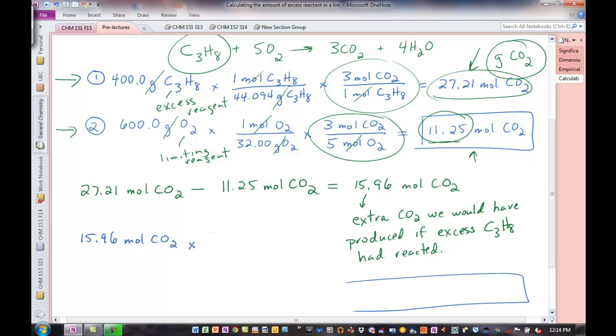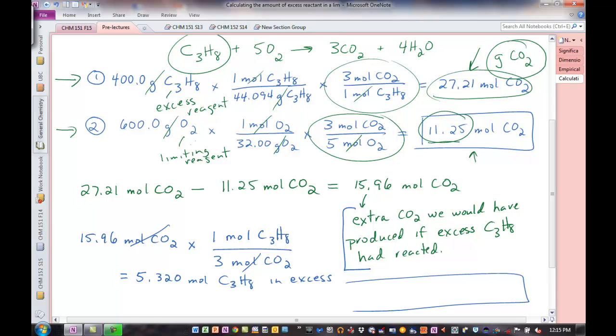We want to get back to the excess, so let's go back to propane, which has a coefficient of 1, and then CO2, coefficient of 3. There's our mole ratio. Moles of CO2 cancel. And that's going to give us 5.320 moles of propane in excess. So that's the extra amount of propane left after reaction, the excess amount.